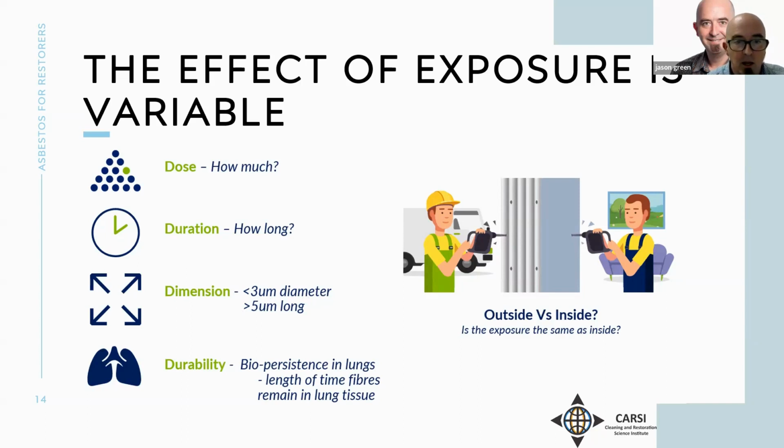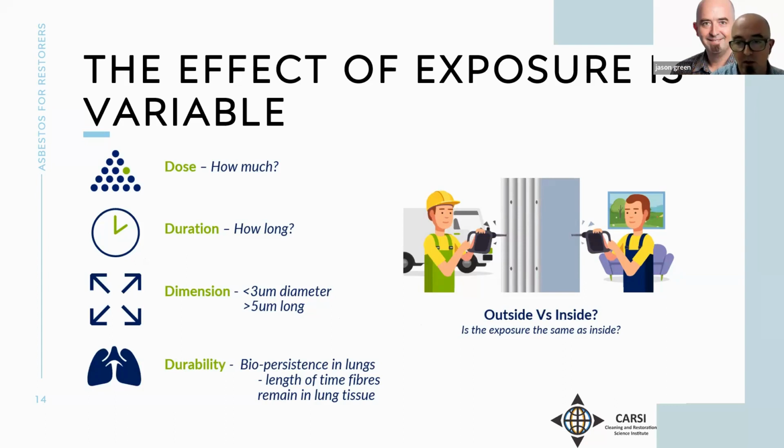The other one is durability. Durability is around the biopersistence of the fibres and the length of time that they're in the lungs, so they need to be in the lungs for many years. You may have heard there's a latency period from when people get significant exposures to when asbestos-related diseases become apparent on X-rays, for example.